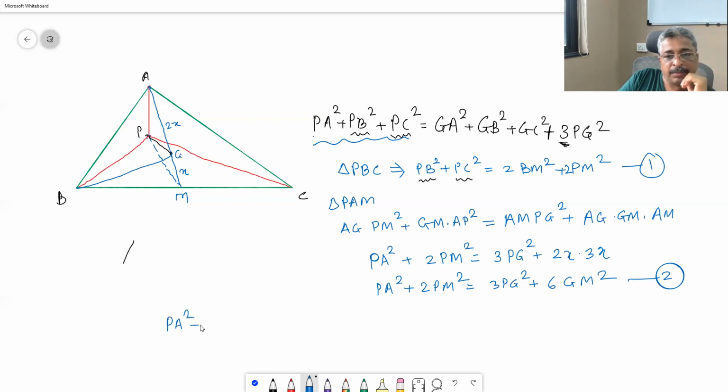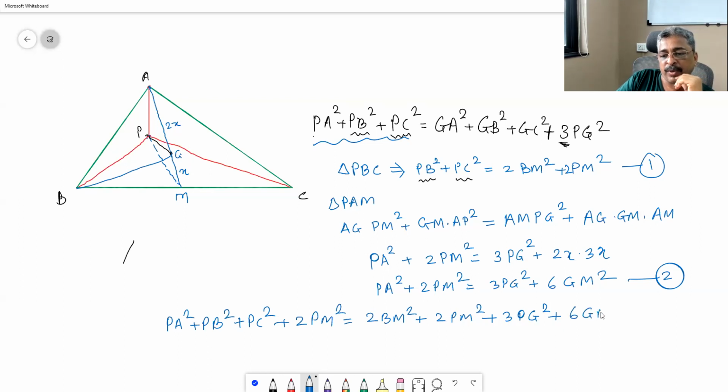PA square plus PB square plus PC square plus 2PM square is equal to 2BM square plus 2PM square plus 3PG square plus 6GM square. Is that right? Now the 2PM square is gone. You anyway wanted 3PG square, which you have already got over here.